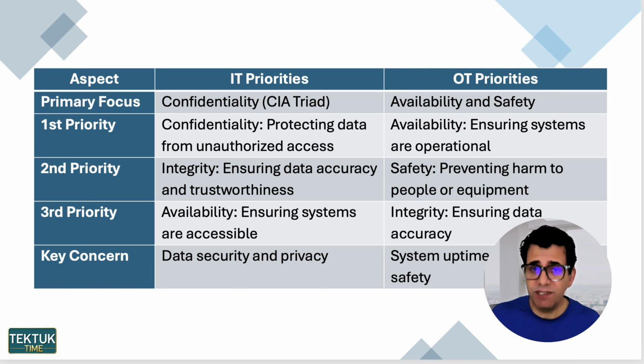Now let's take a look at the key differences between IT and OT. When we design, maintain, and operate IT and OT systems, we have to follow some principles and priorities. In IT, we follow the CIA principle, which is short for confidentiality, integrity, and availability.